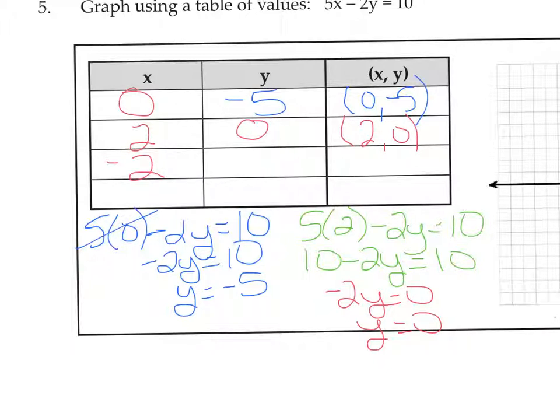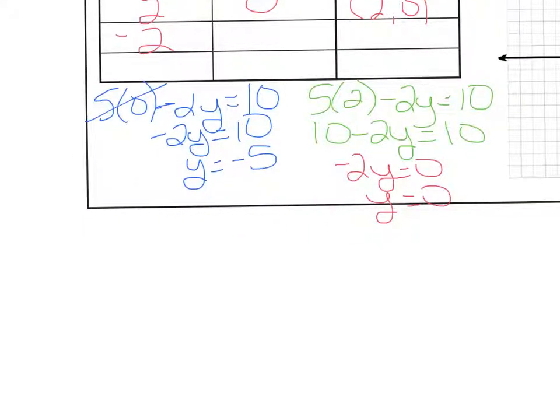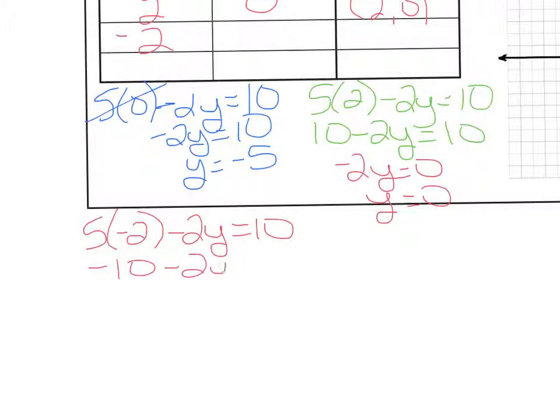All right, this time we're going to plug in -2 for x. So we're going to have 5 times -2 minus 2y equals 10. 5 times -2 is -10 minus 2y equals 10.